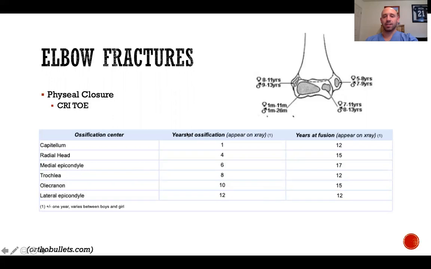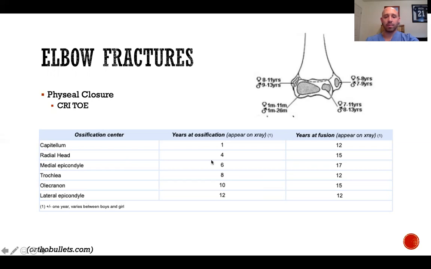So the ossification centers appear at different ages in pediatric patients. I got this from Orthobullets, but a way to remember this is the use of CRITOE. The C stands for the capitellum, the R stands for the radial head, I stands for internal, which is the medial epicondyle, T is for trochlea, O is for olecranon, and E is for external, which is the lateral epicondyle.